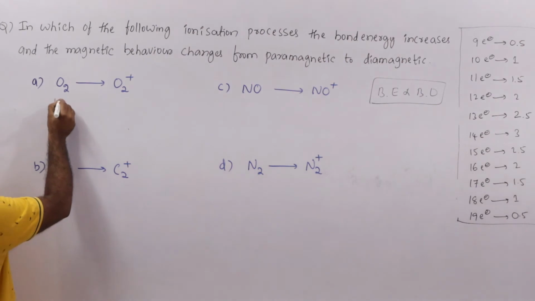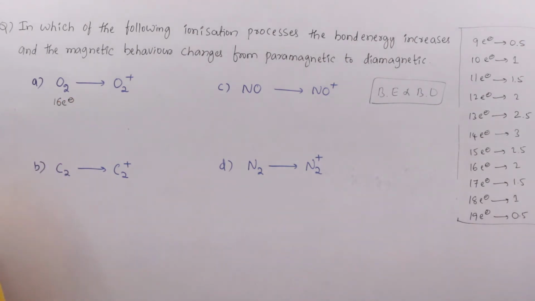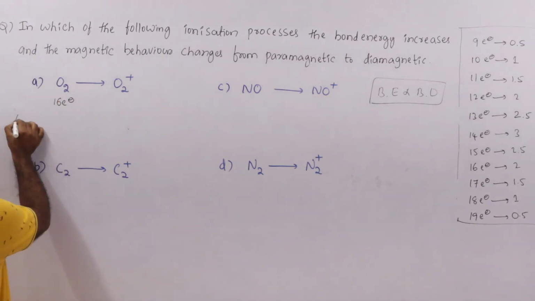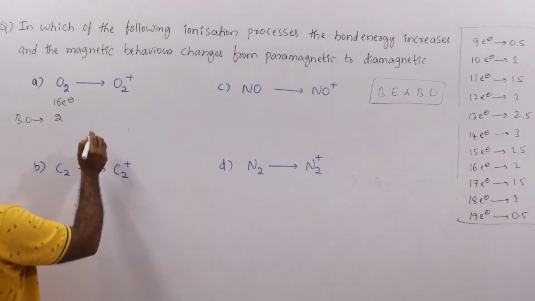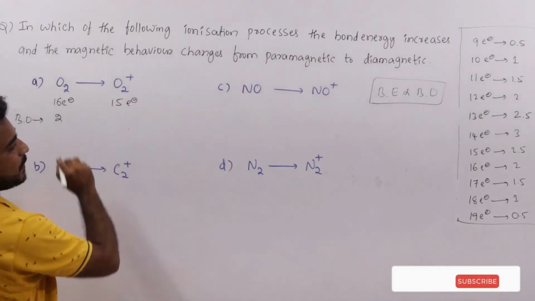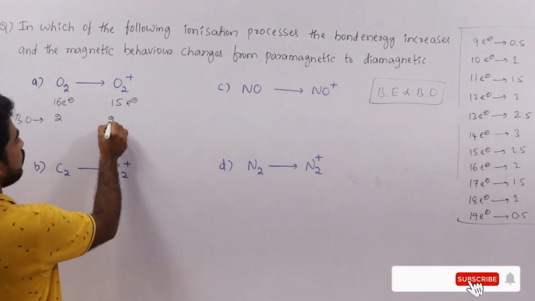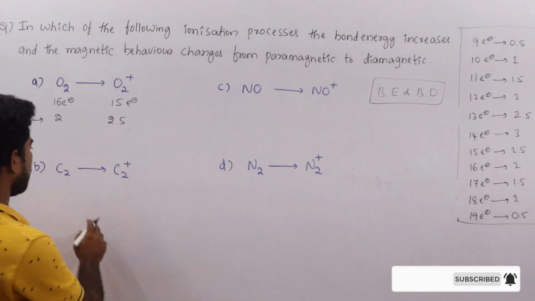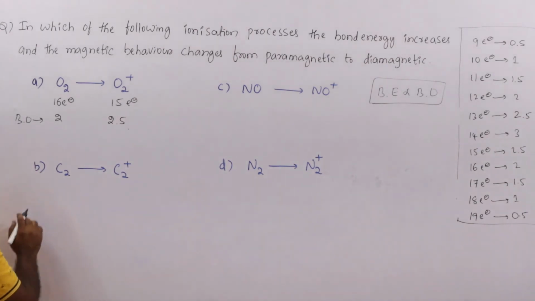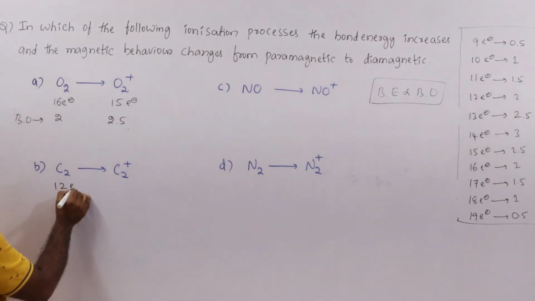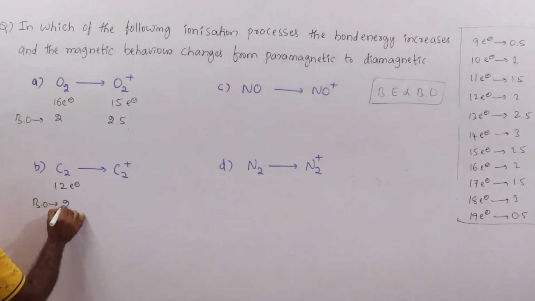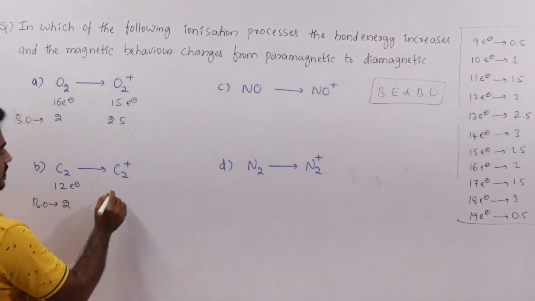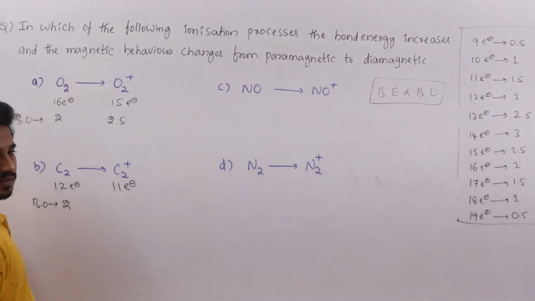O2, a 16 electron species, has bond order 2. O2 plus, a 15 electron species, has bond order 2.5. Next, C2, 12 electron species, bond order 2. C2 plus, 11 electron species, bond order 1.5.